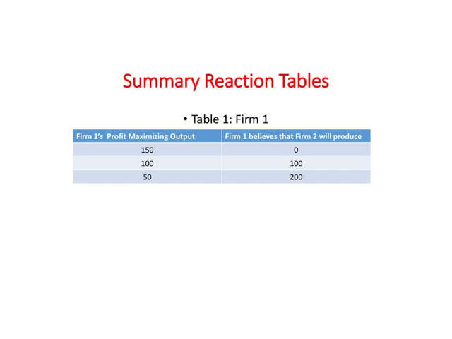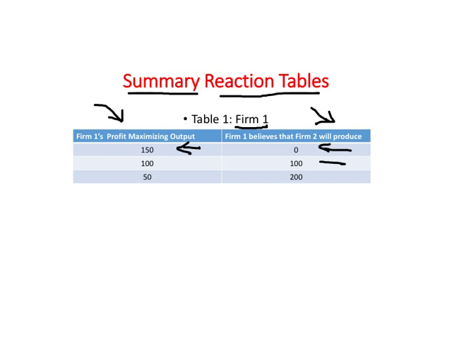Now let us summarize all that we know based on the diagram, and we'll call this summary the reaction table, and this is the table for firm 1. Now look at the different levels of output, profit maximizing level of output, when firm 1 makes a conjecture about how much output will be produced by firm 2. For example, when firm 1 believes firm 2 will produce nothing, we discovered that the profit maximizing level of output for firm 1 will be 150.